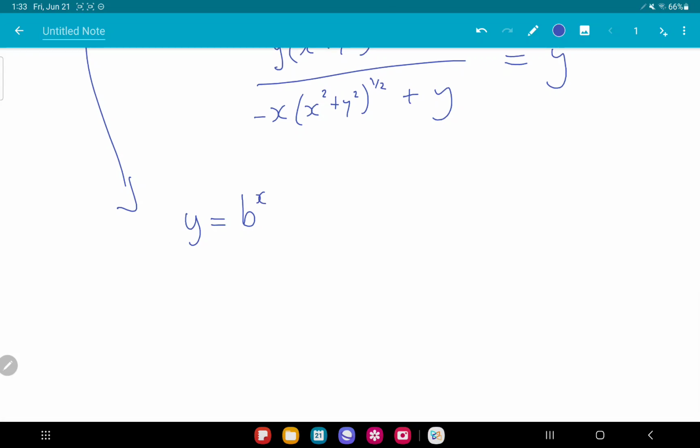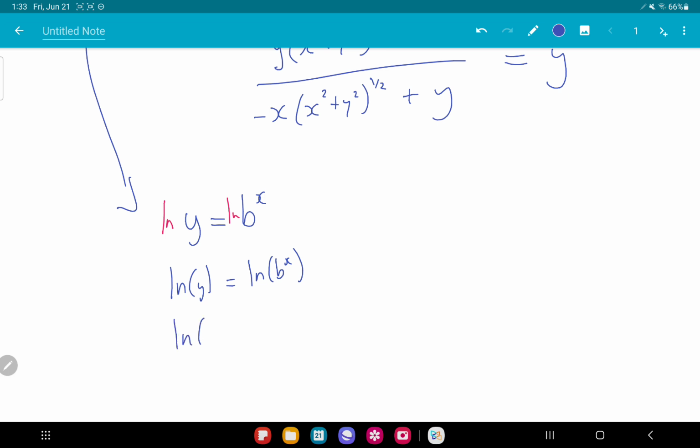Okay, and the trick we'll use is to apply the function ln to both sides. So I'll go ln of this side and ln of this side. So I got ln of y is equal to ln of b to the x.